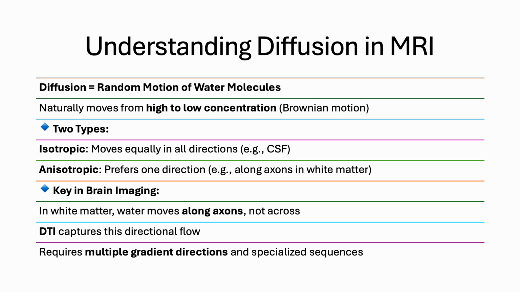But in an anisotropic environment, such as the brain white matter, the structure of the tissue restricts diffusion, and molecules tend to move more easily along the length of the axons rather than across them. This directional property is what DTI is built to measure. Understanding this will help us appreciate why DTI requires special pulse sequences and multiple gradient directions. So in short, it's all about capturing the preferred pathways of water movement in the brain.